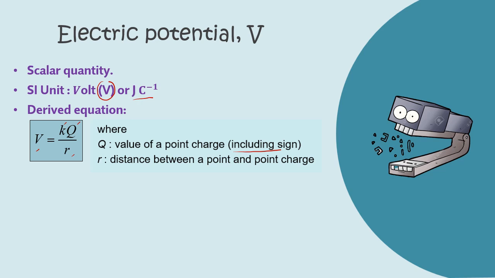So how do we get V equal to K capital Q over R? It comes from the definition of electric potential just now.